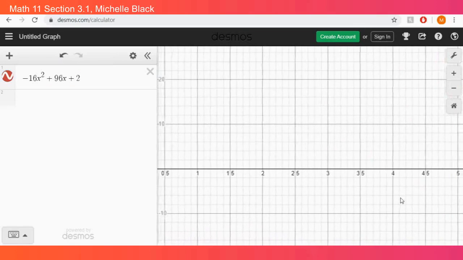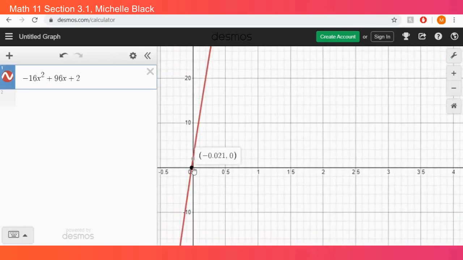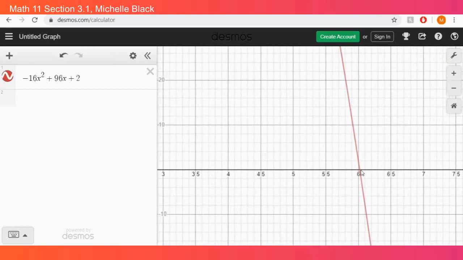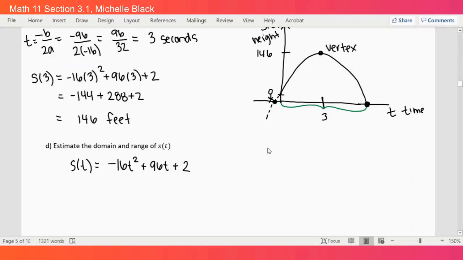And if I go back to the beginning of my graph, for our domain, we only care about second 0 all the way up till the ball comes back to the ground, which is really close to 6. So if I was going to estimate what our domain is, I would say that our domain is from 0 to 6. So from 0 seconds up to 6 seconds.